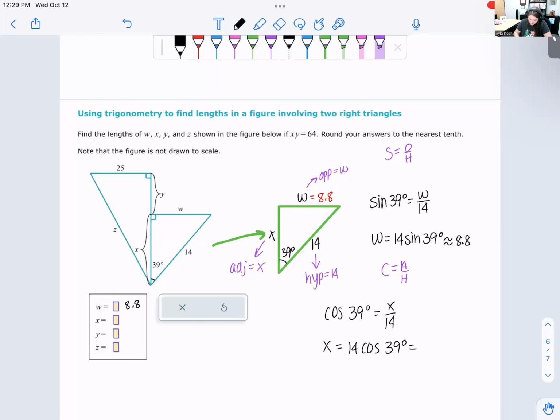Which indeed does give me a different answer. Huh. What answer did I get before? Maybe it doesn't. Did I get 10.9? Is that what I got before? I don't know. The answer is 10.9.